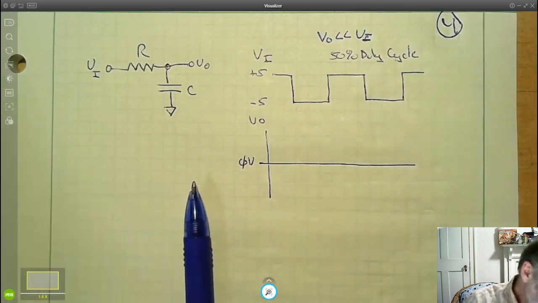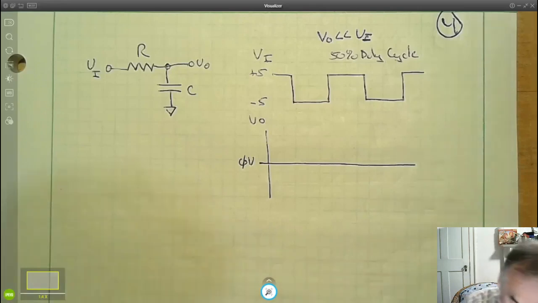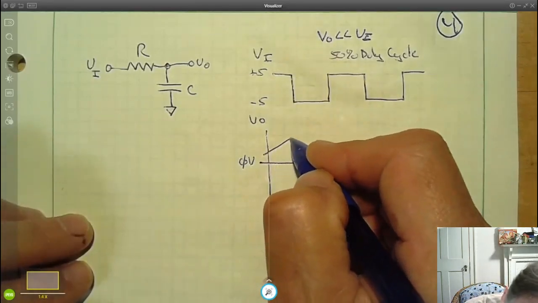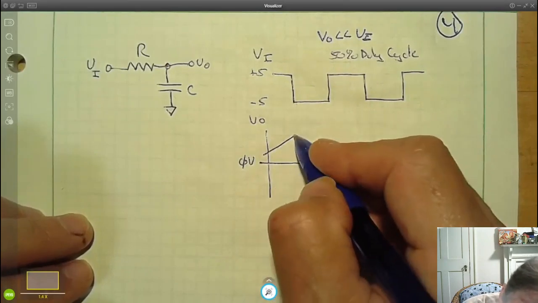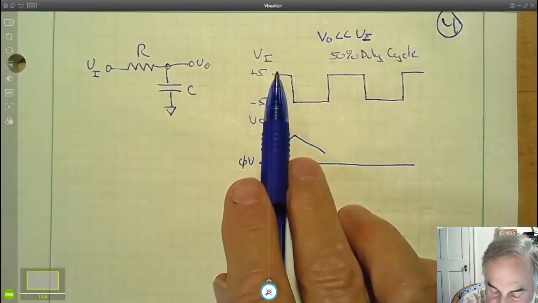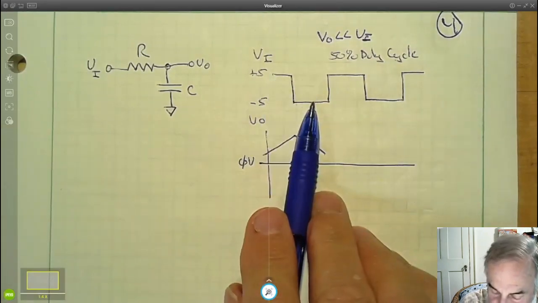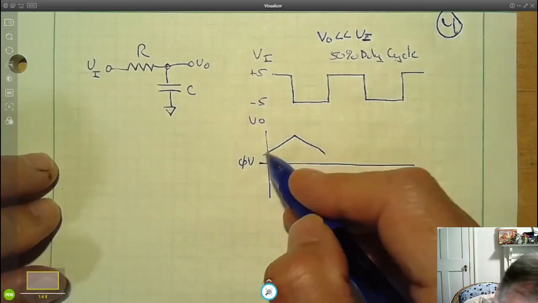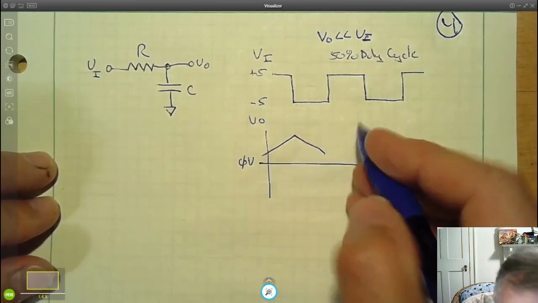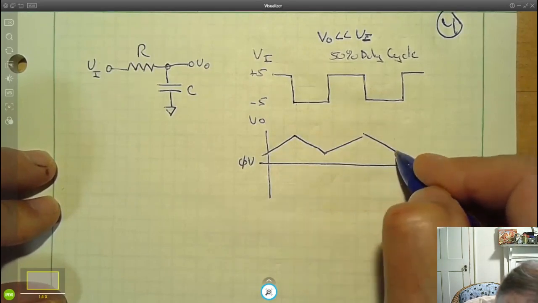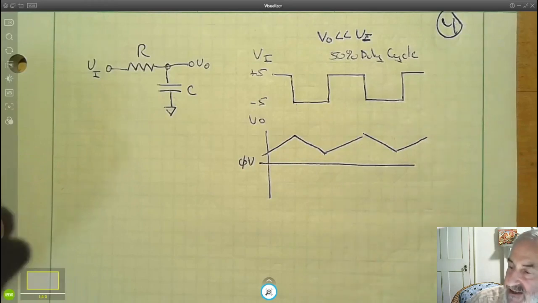So, let's get ourselves a different color. When this is positive, we'd expect the voltage to be going up linearly, and when this is negative, we'd expect the voltage to be going down linearly. And if this voltage and time is exactly equal to this voltage and time except for the sign of the voltage, we would go up by some amount, and we go down by exactly the same amount. And we'd expect something like that as an output.